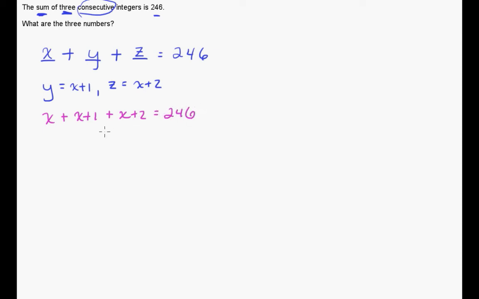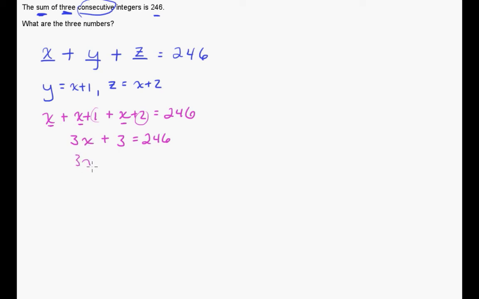Okay, now we have something we can work with, so let's solve this. We have 1, 2, 3 x's, so 3x plus, we have 1 and 2, so 1 plus 2 is 3, and that equals 246. Now we have some numbers in here, and we can use some algebra and solve this for x.